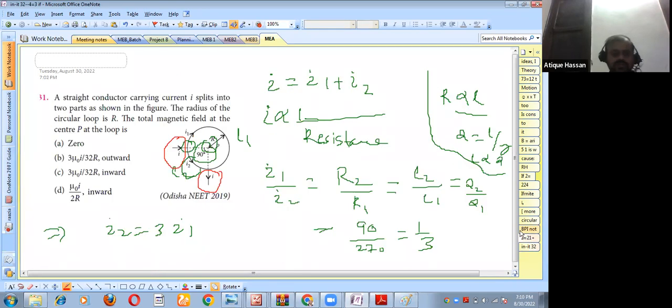And if you see here, magnetic field will be outward.